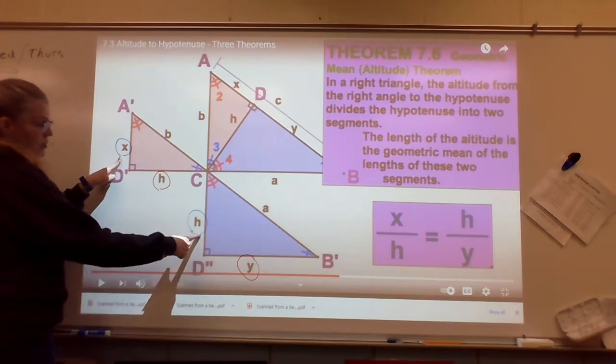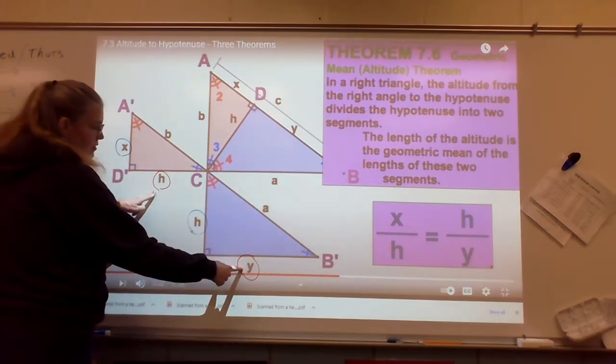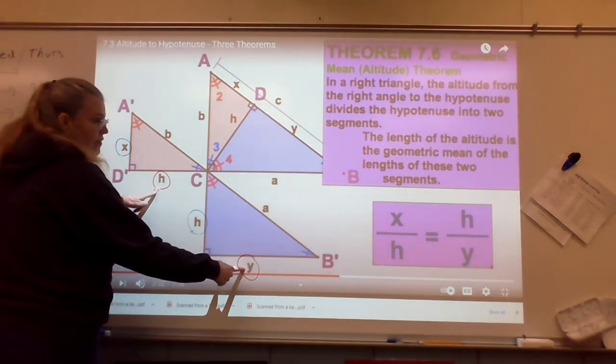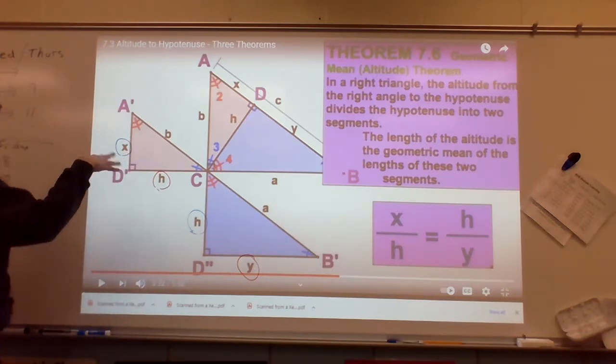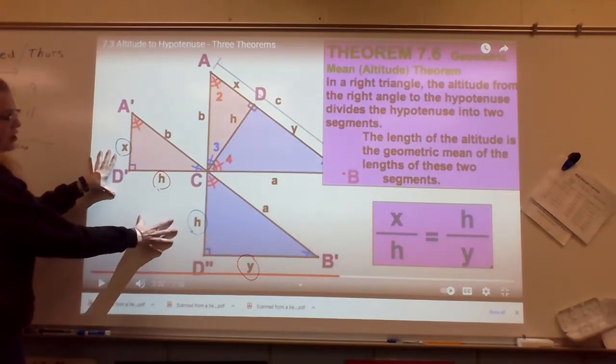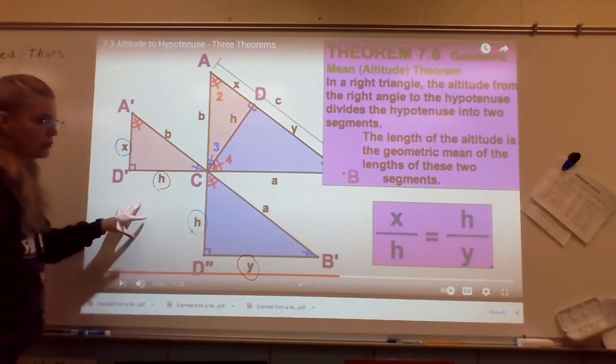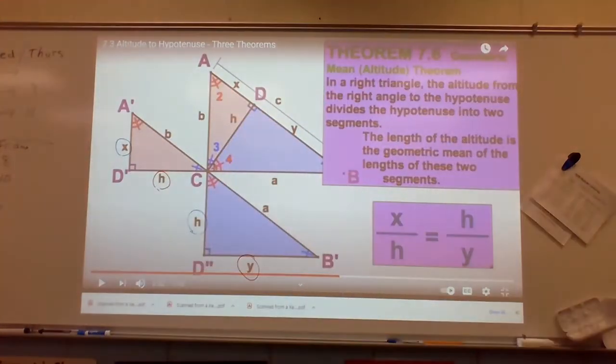Because this side compares to this side, X over H. Yep. This side compares to this side, H over Y. That's what we're focusing on today. So like I said, I showed you about 4.5 minutes of this video for the actual class stuff, but I just wanted to draw you into this one picture for this. So let me switch back to the notes real quick.